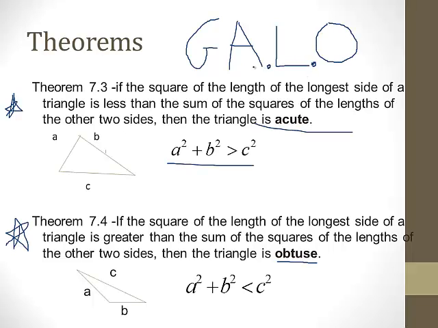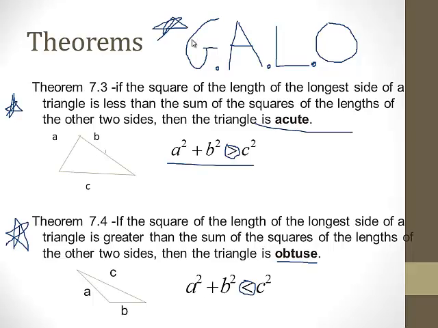I pronounce it gallo, and what that means is greater than, acute, less than, obtuse. So if a squared and b squared added together is greater than c squared, that means it's acute. If a squared plus b squared is less than c squared, that means it's obtuse. So this is your mnemonic device right here.